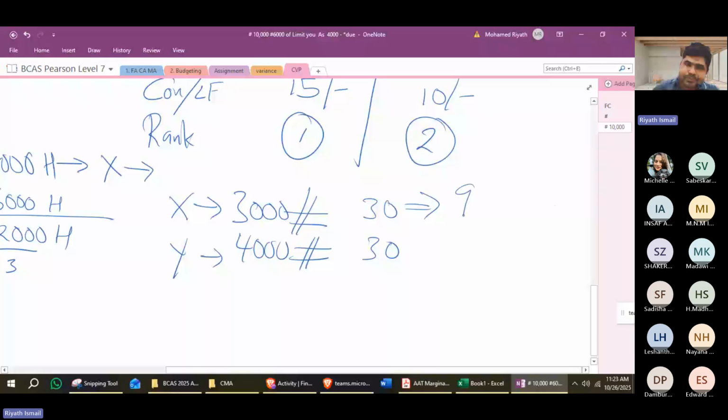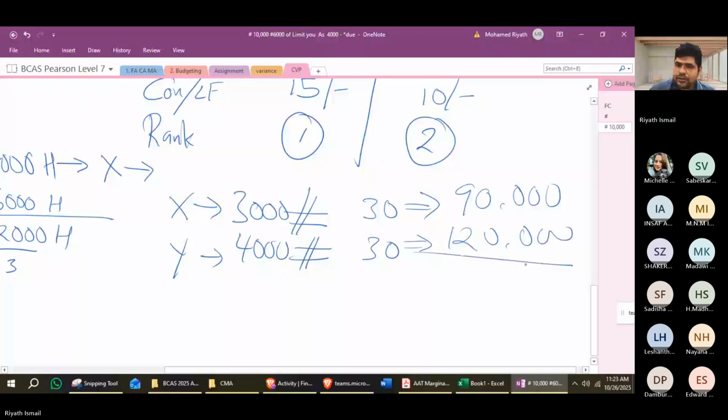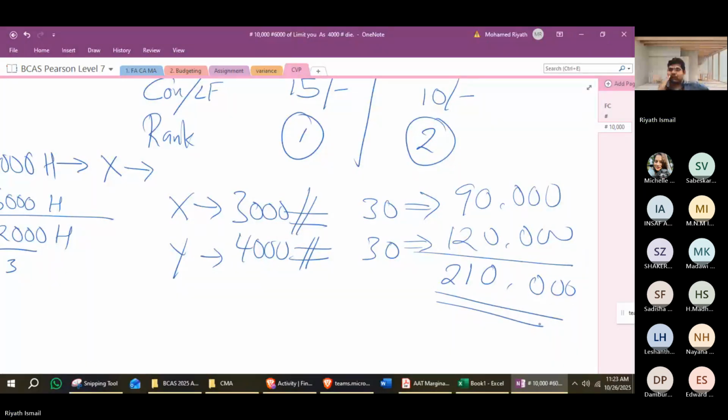This is 90,000, and here 120,000. Altogether, the maximum contribution they can make is 210,000, if there is no limiting factor.